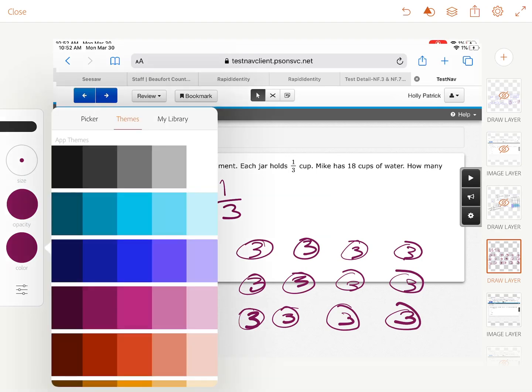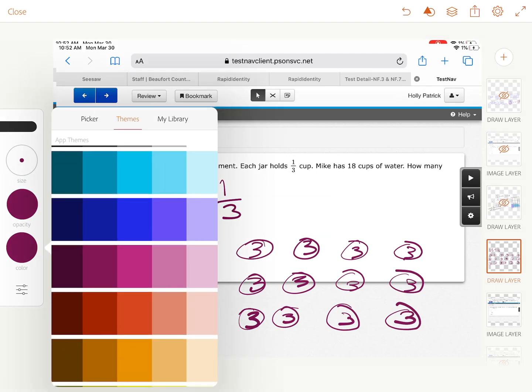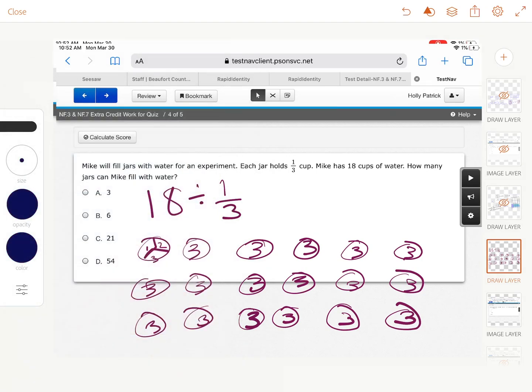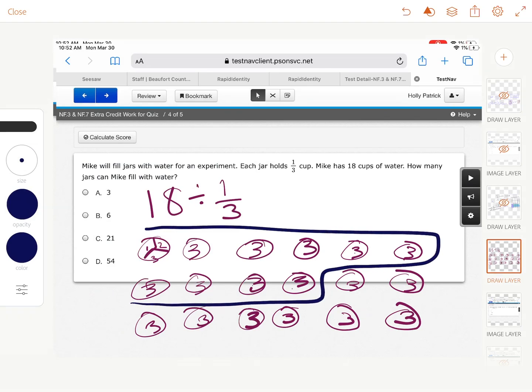Okay, and then one thing that I was doing during the Zoom was talking about, well, looking at this, I know that 1, 2, 3, 4, 5, 6, 7, 8, 9, 10. I know that 3 times 10 gives me 30.